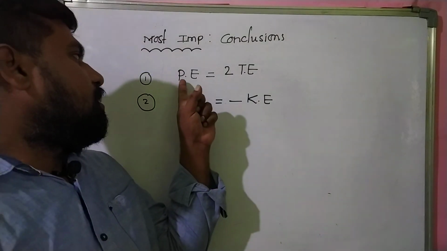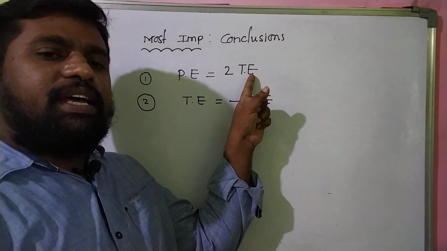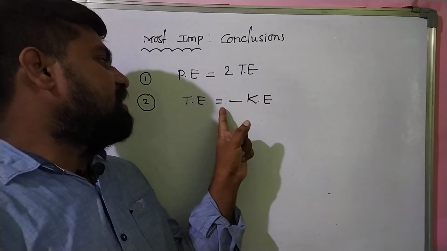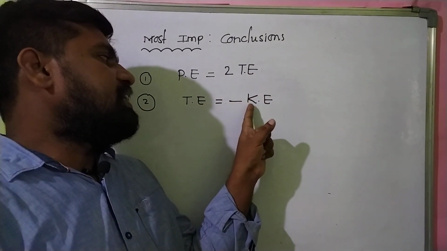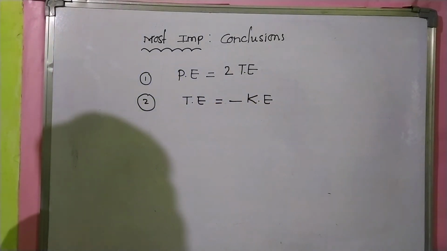All of you listen. Potential energy equal to double the total energy, and total energy equal to minus kinetic energy. Please all of you listen.